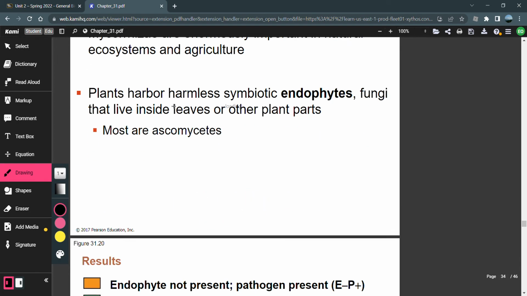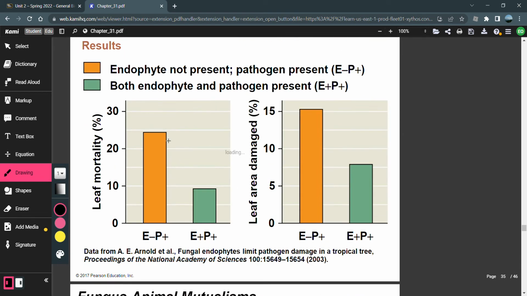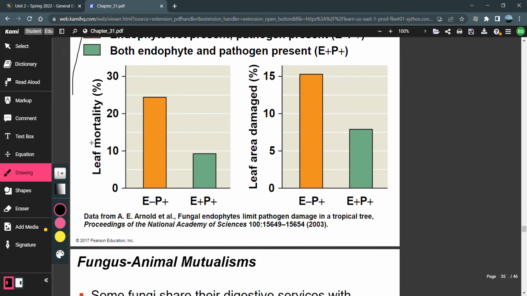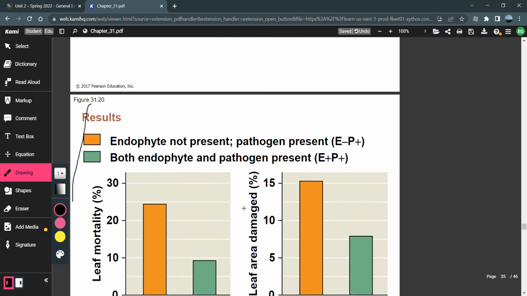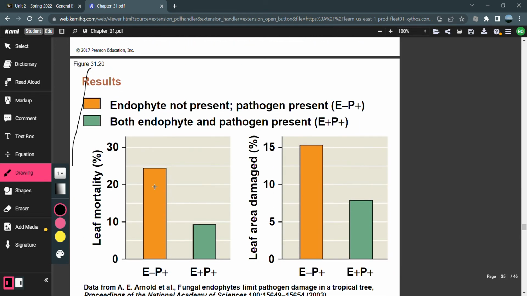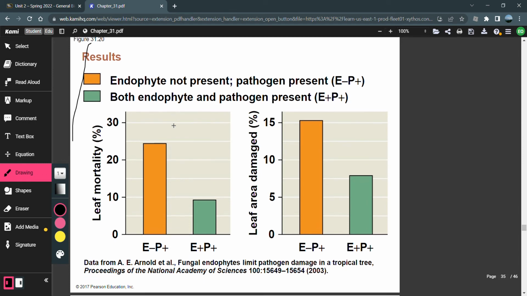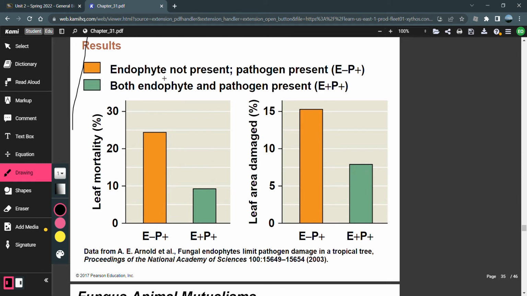So here we'll be looking at this study right here. There was a study by A.E. Arnold et al. Okay, so here we have the cocoa plant. This cocoa plant had a control and an experimental. So an endophyte not present and a pathogen present.